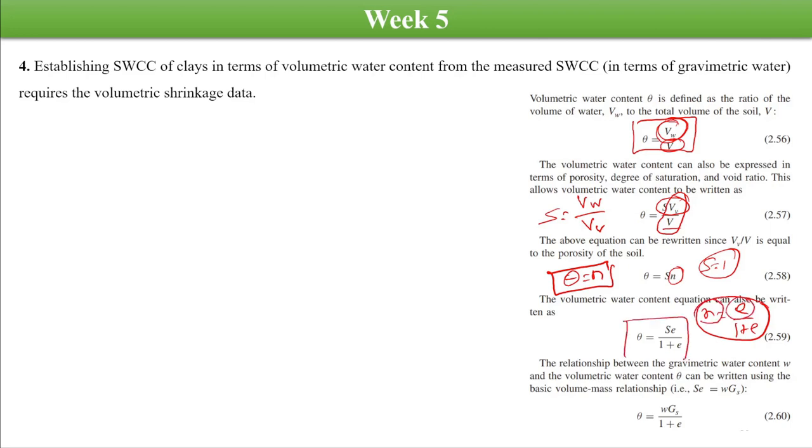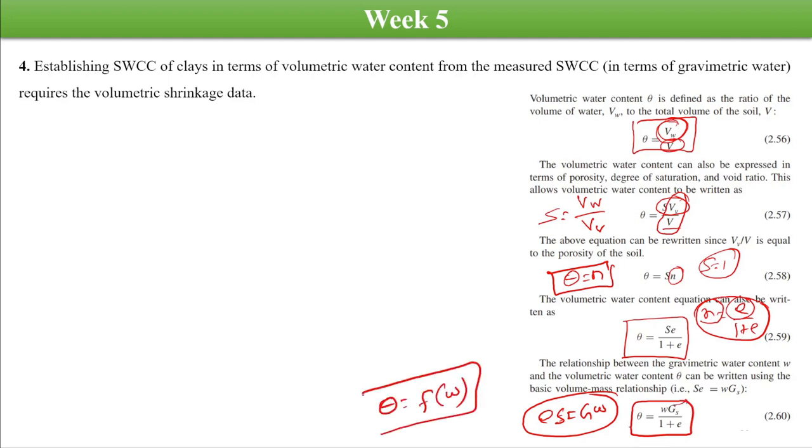then the value of theta will be eS upon 1 plus e, right? And eS is equal to G into w. So if we put it here, then we obtain a relationship between theta and w, right? So the volumetric water content and the gravimetric water content are related using this term.